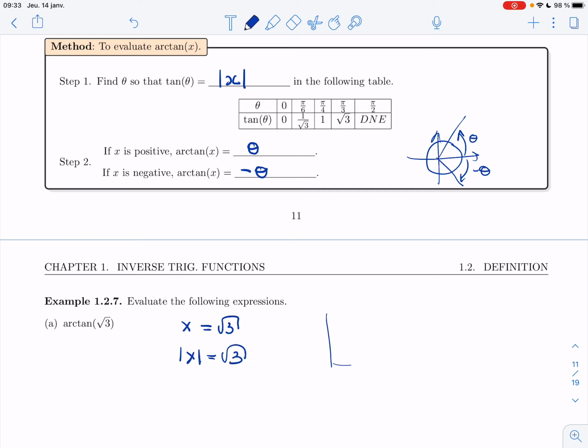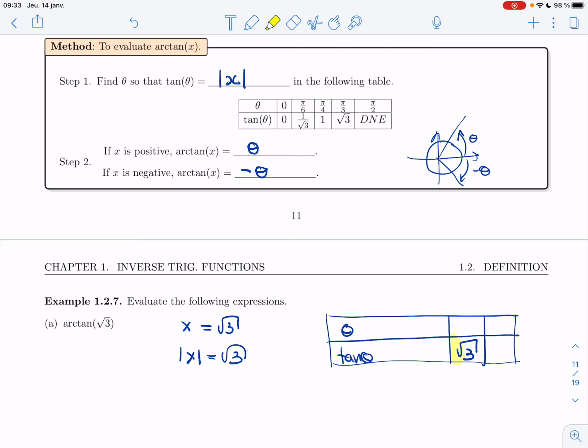So in my table, I'm looking for root 3 in the tan column, right? And I'm going to return the theta from above.